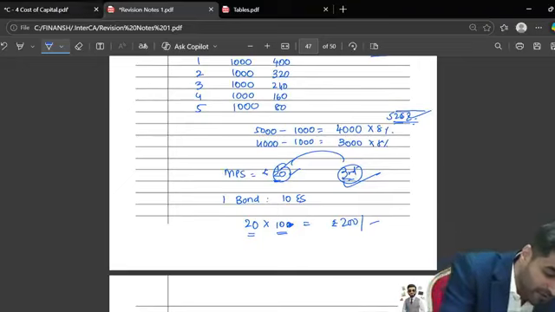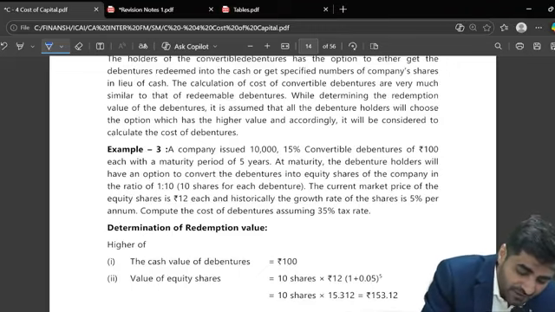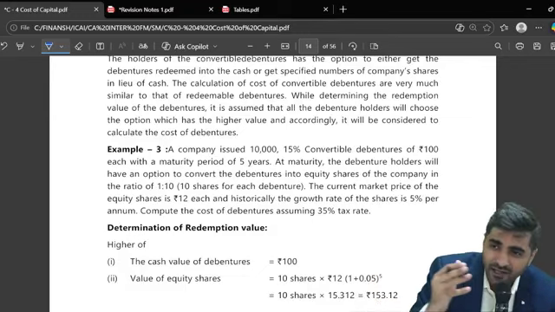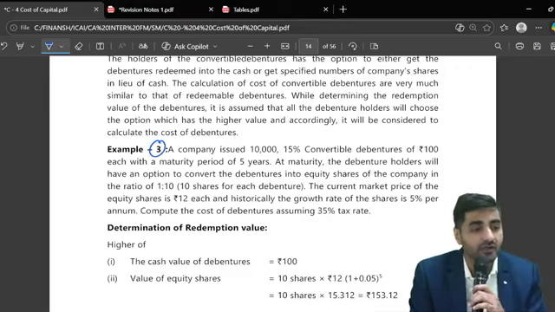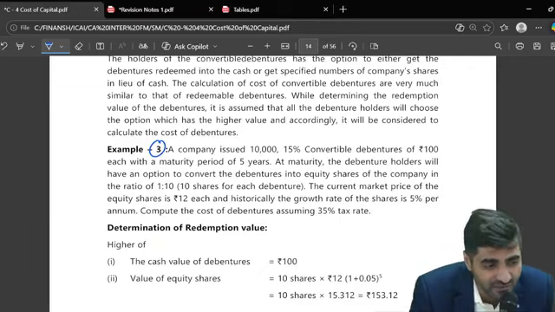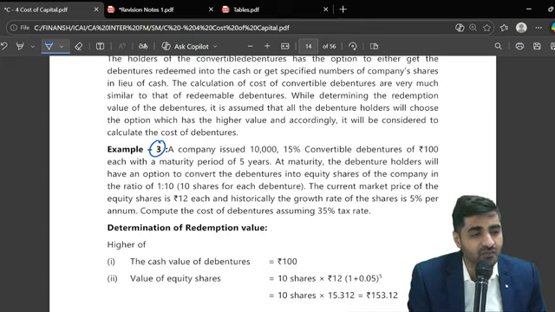Suppose they give you in the question a growth rate, the rate at which the price is going to grow. Then we have to add the growth rate to it. Just check this example 3. A company issued 10,000 15% convertible debentures of rupees 100 each with a maturity period of 5 years.